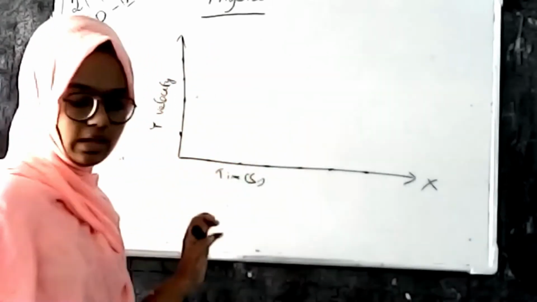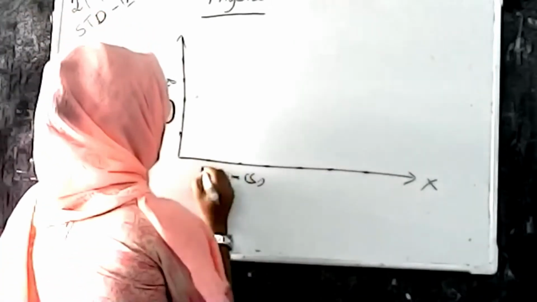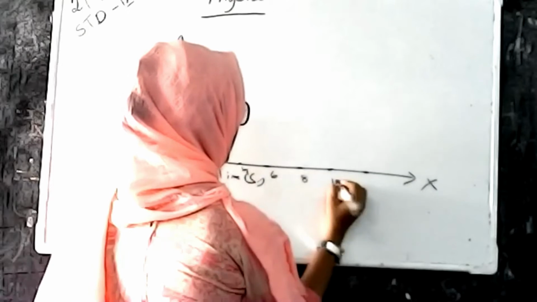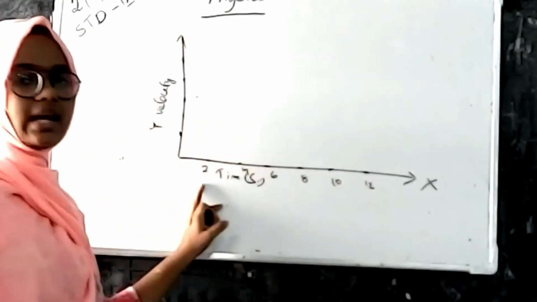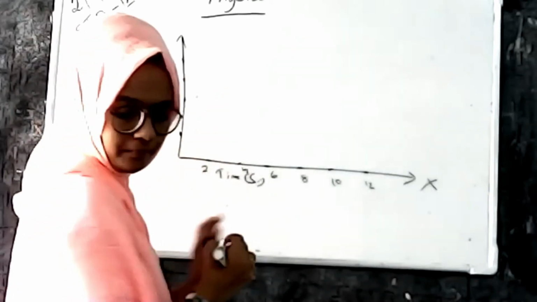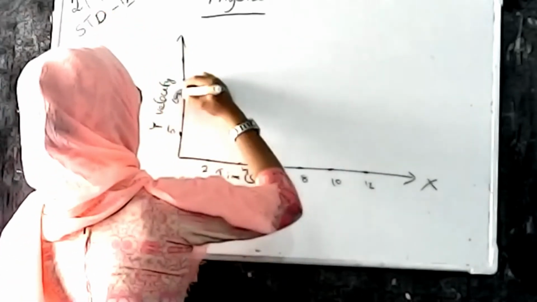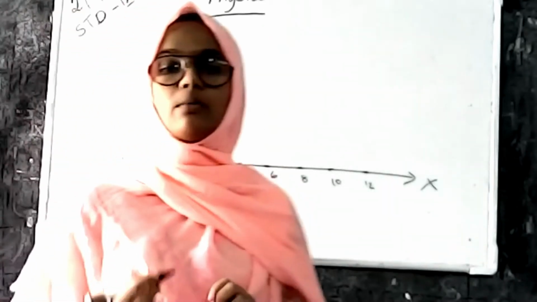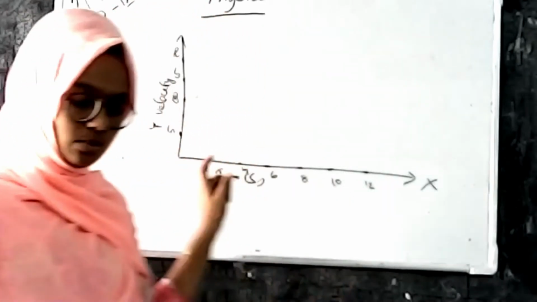We have taken 2, 4, 6, 8, 10, 12, with 2 seconds in each unit, and here 5, 10, 15 and 20, with 5 meters per second in each unit.